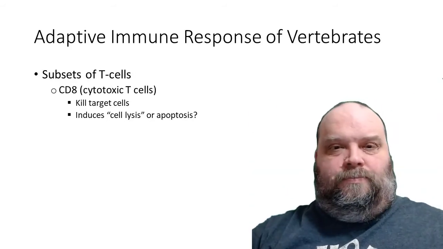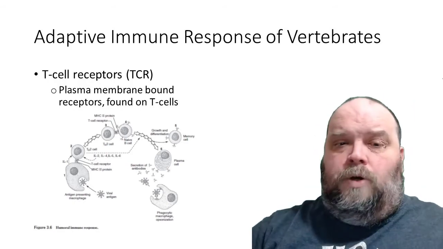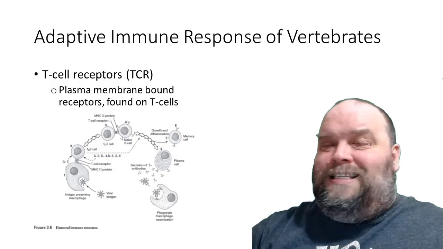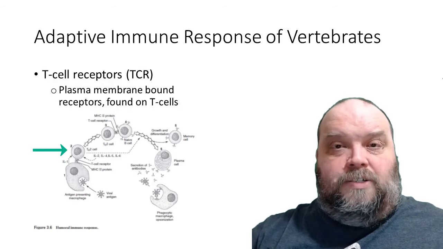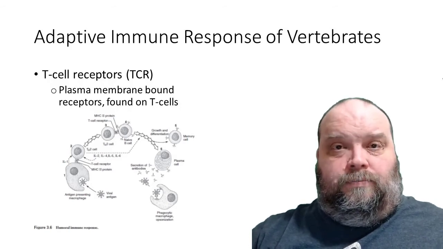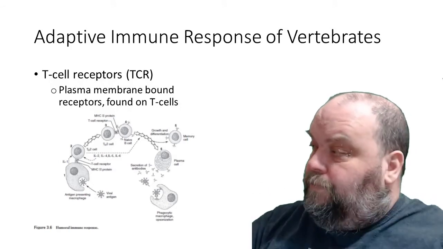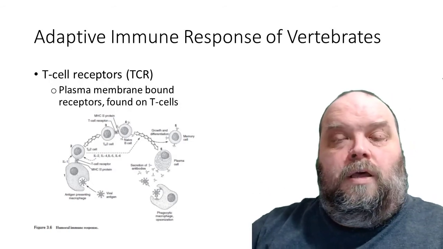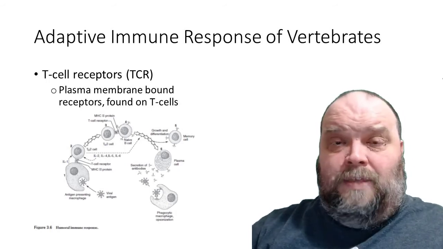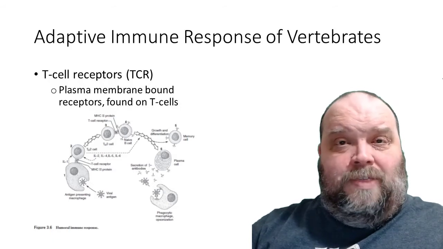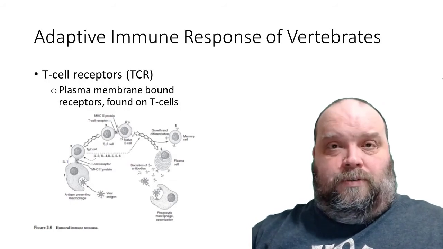Everything's cleared out. Now, when you look at this figure here, I want you to notice the T cell that's interacting with that macrophage, that antigen-presenting cell. What's interacting, if you notice right there, is the MHC, because we talked about the major histocompatibility complex on the APC, is interacting with that T cell via a T cell receptor.